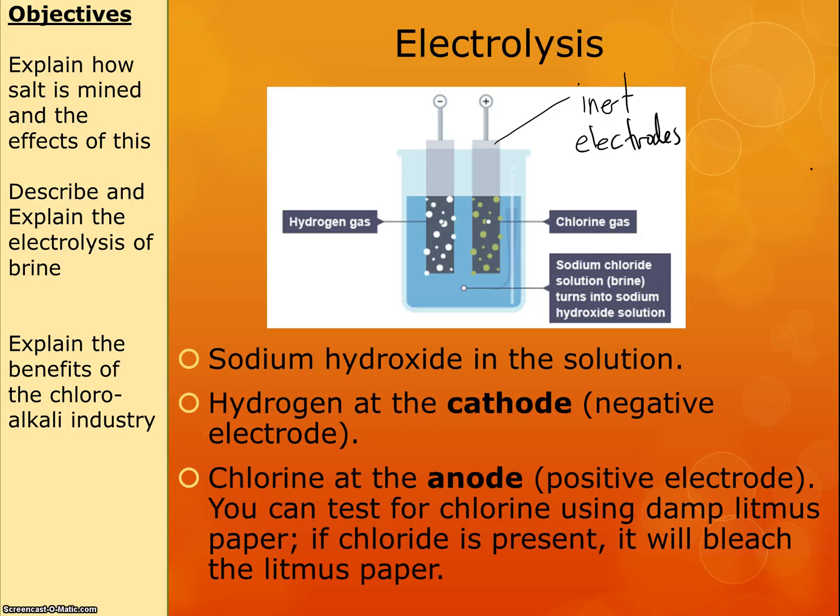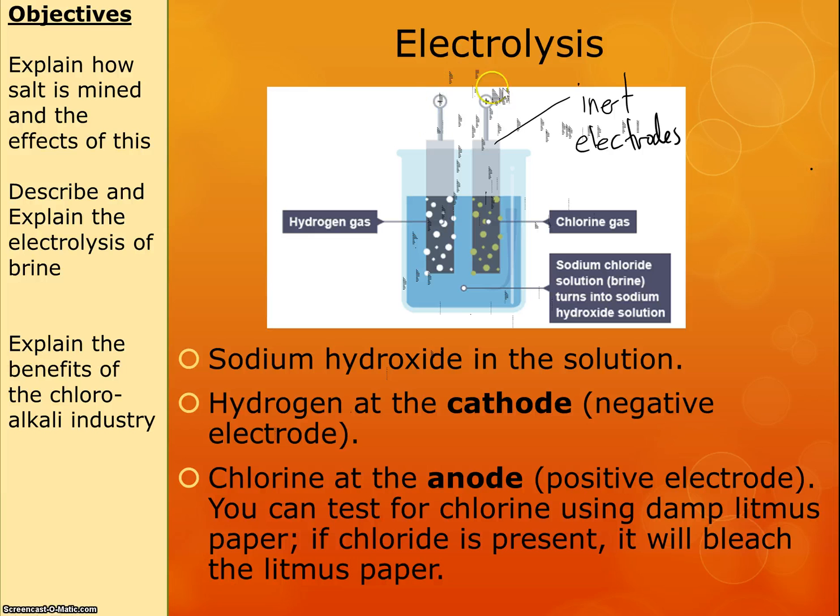So, this is another example of electrolysis. So remember, electro meaning electricity, using an electrical current, and lysis meaning to split. So, we do this with our brine. So our main solution in here is just brine. Then we have two electrodes. Now they have to be inert. Basically that just means they won't react with anything.